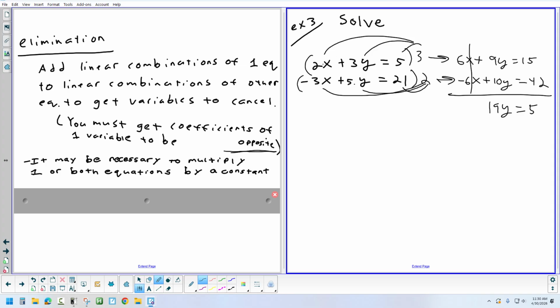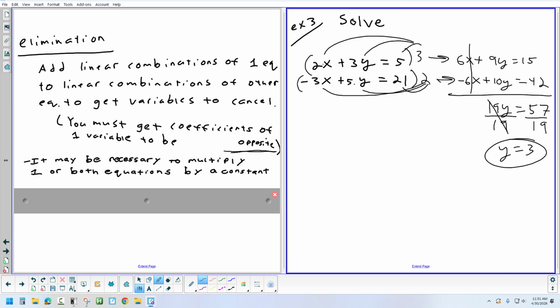So now we have a very simple one-step equation to get y by itself. What would be our last step to get y alone? Divide by 19. And what's 57 divided by 19? 3. So there's our y.